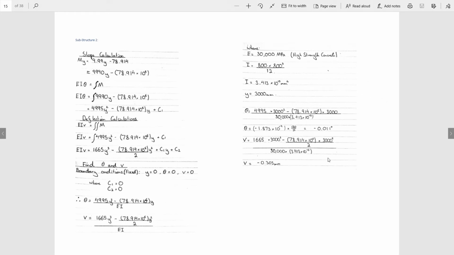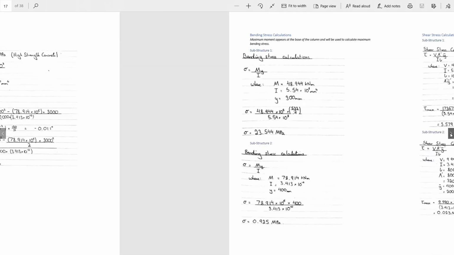So this is the reason I've done both equations, working out substructure 1 and 2, because we can already see that substructure 1 is going to be vastly different from substructure 2, because an 800 by 800 wide concrete column isn't going to incur much stress compared to an I-beam that's encountering 10 plus 10 kilonewtons of UDL. So we've worked out both of these, and then moving on.